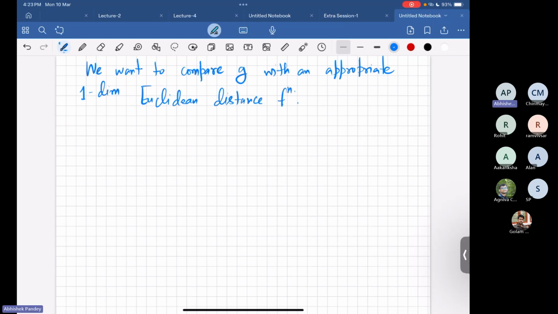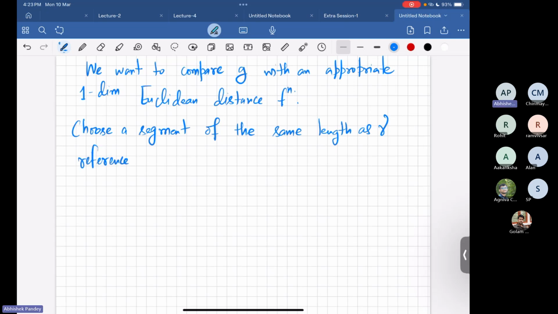For this, choose a segment of the same length as gamma, and take a reference point.